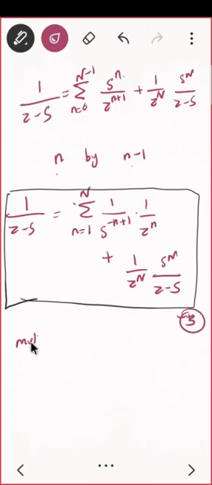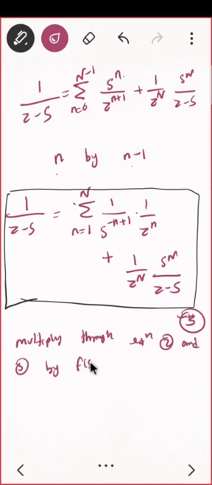Okay, so multiply through equations 2 and 3 by f of S upon 2 pi I, and then integrate. What do you see? Multiply by f of S upon 2 pi I and then integrate. And integrate each side, one with respect to C2 and one with respect to C1.